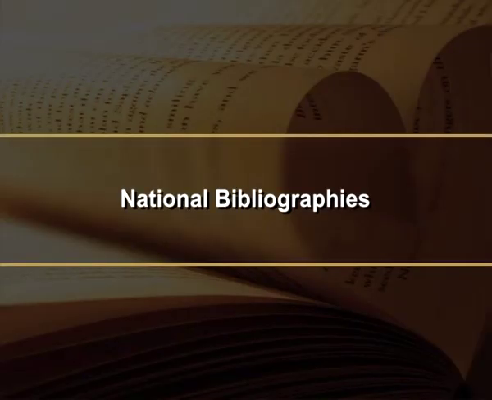National bibliographies. It is a list of books, periodicals, dissertations, theses, or other printed material produced in the country. It records the intellectual input of nations. These are an authoritative source for informing about the documents produced in a country.